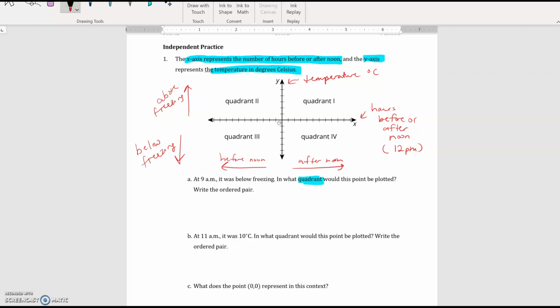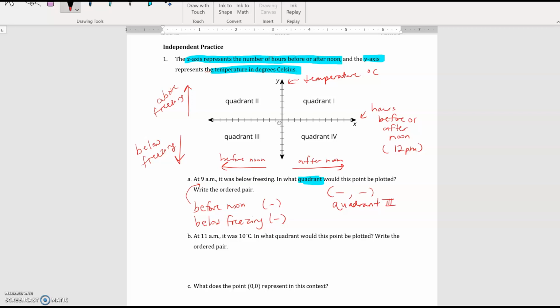So therefore, I want to analyze two things. I know that 9 a.m. is before noon, and I want to be below freezing. So these both have a negative connotation. So therefore my point would be negative, which would mean it is in quadrant 3.